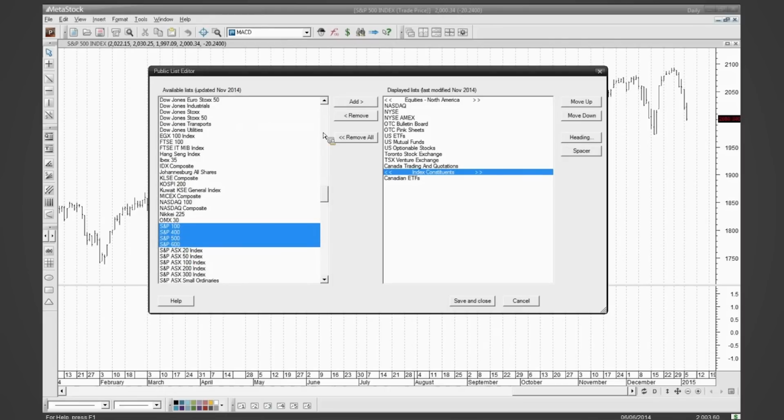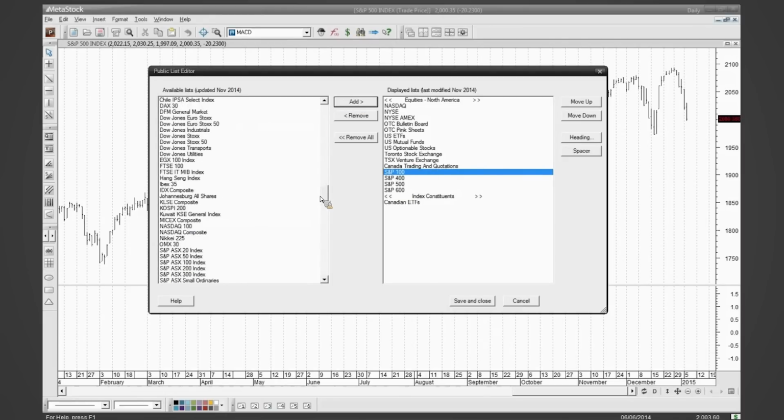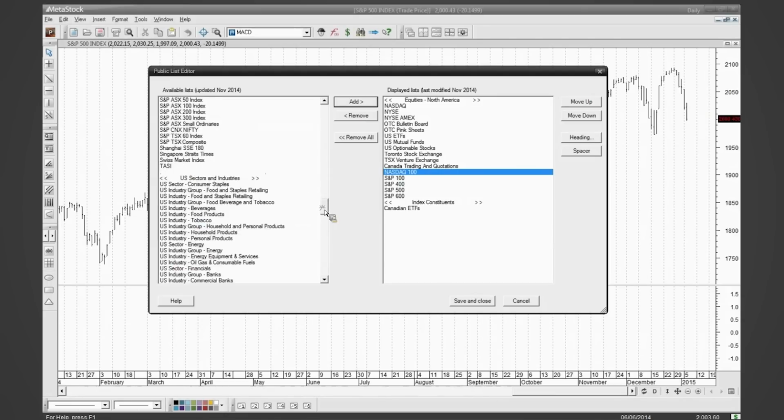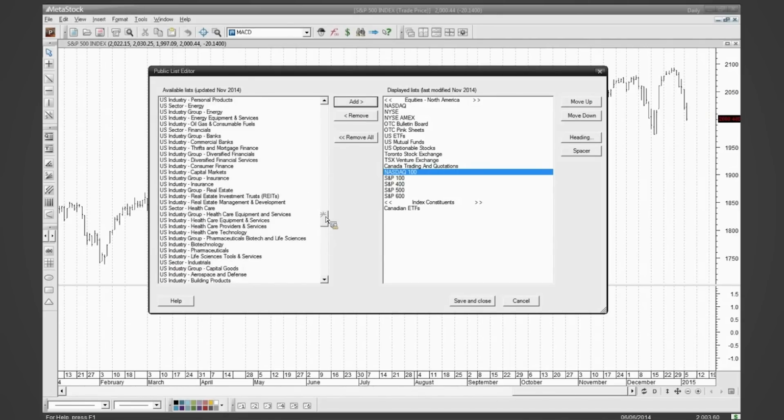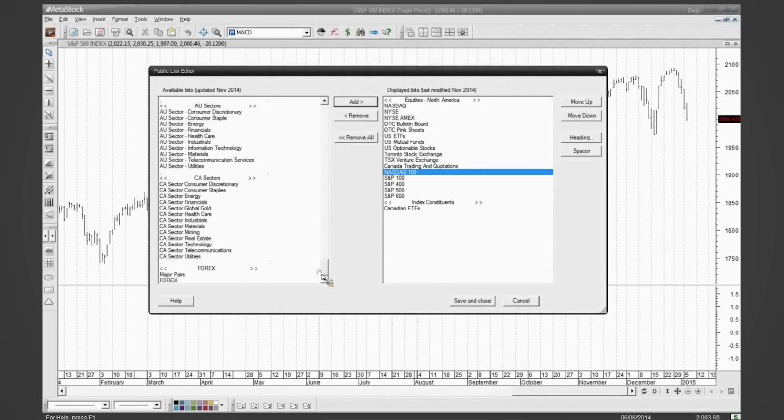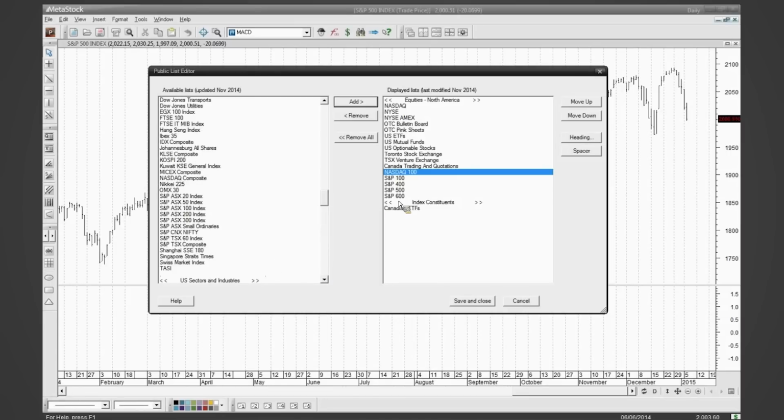I'll add those in. And then I'll also put in the NASDAQ 100 and the Dow 30. Now, there are other lists in here that you can put in, sector and industry groups. You can see that those are all available here, Forex, futures. Whatever it is you're trading, customize it to your view. But we'll just use this as a quick example here. So let's just change this, and then we've got it set up.